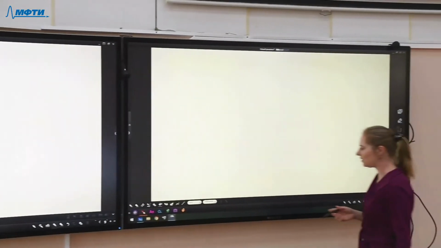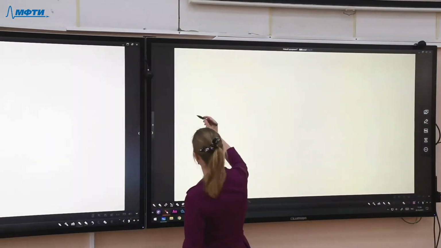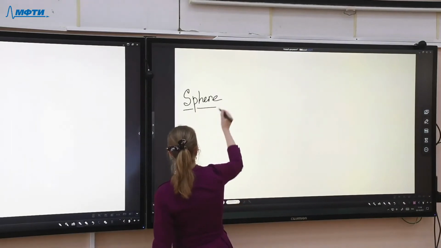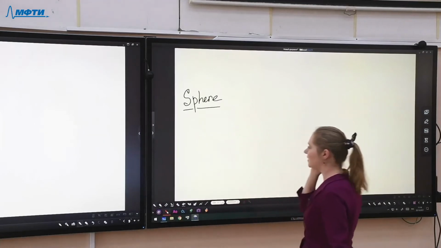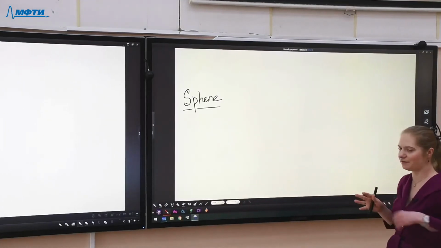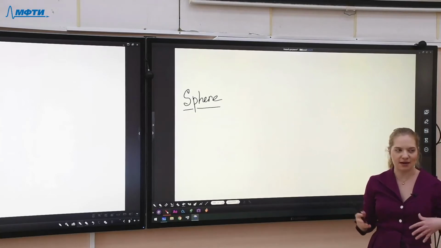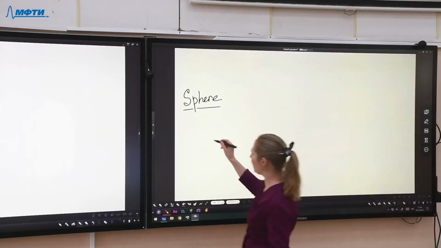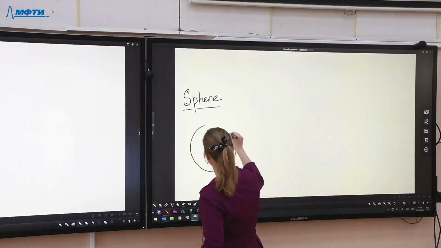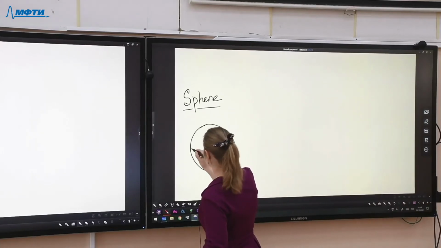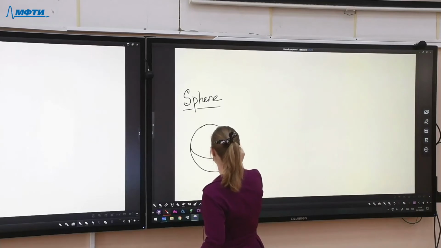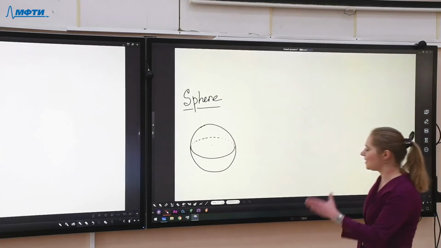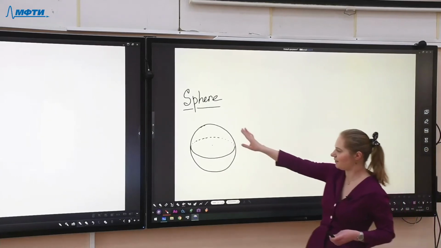And the final solid body is a sphere. You can meet in some books that a sphere is a surface of a ball, for example. Sometimes a sphere is a ball. So if we consider a ball, sometimes a sphere is just a surface of this body.